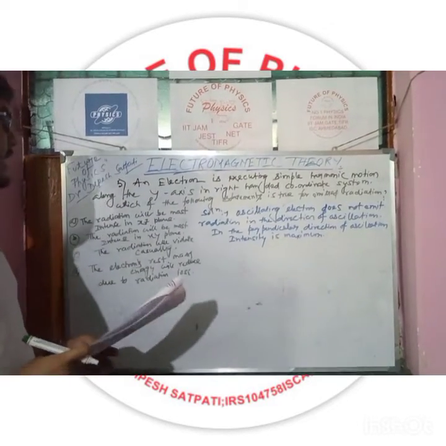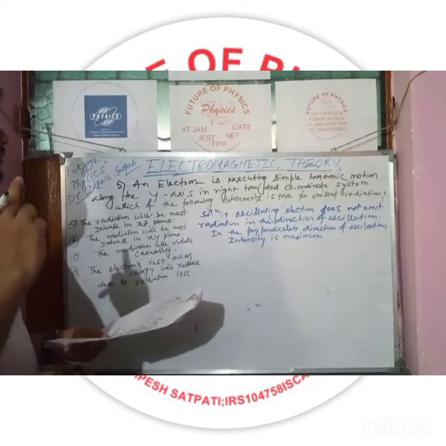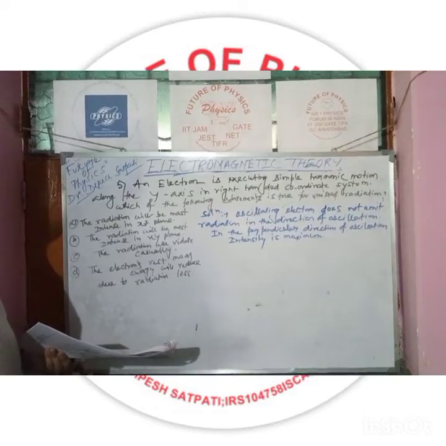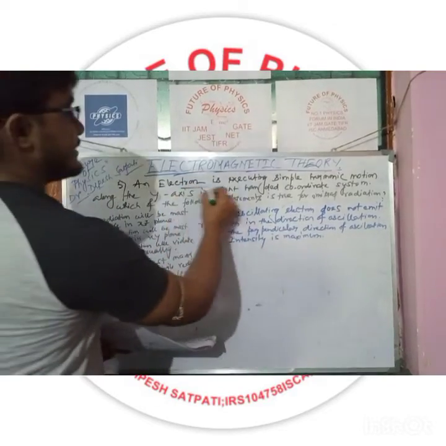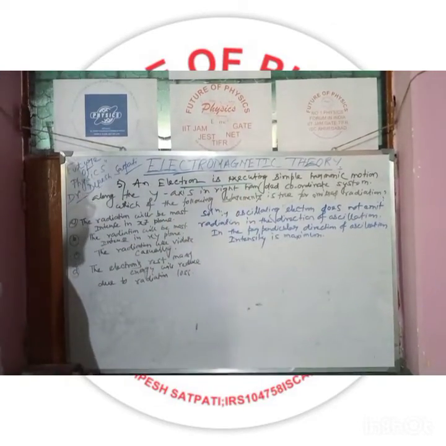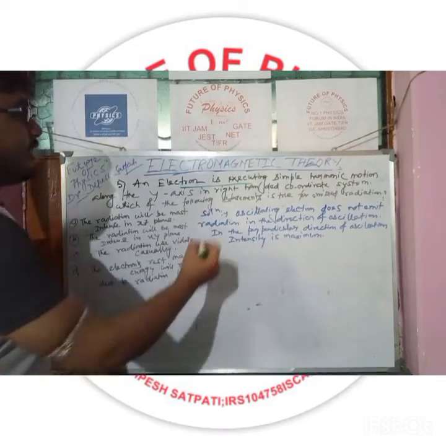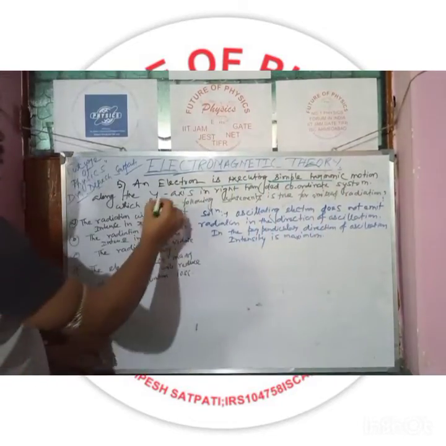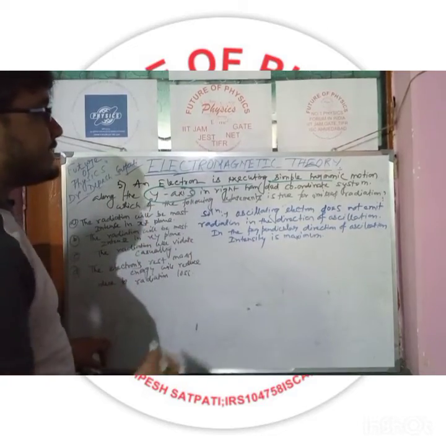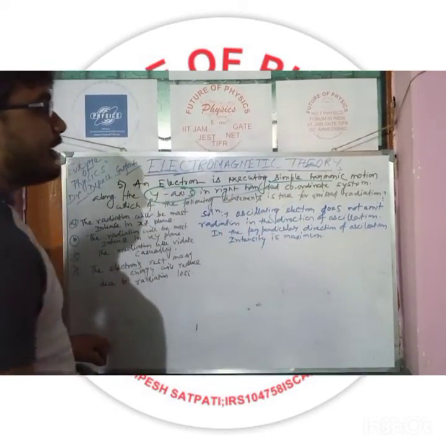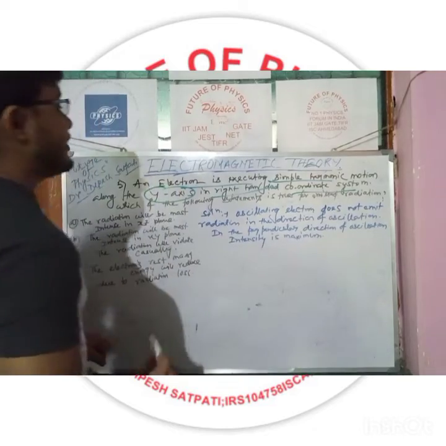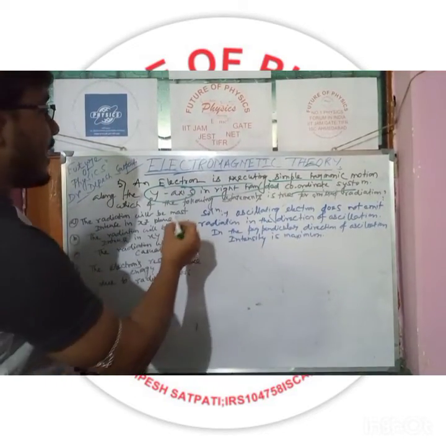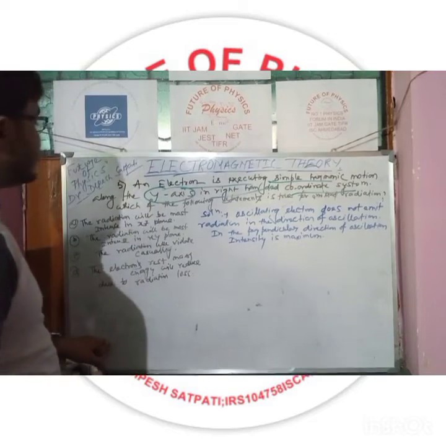Now students, the last of the 5 questions. An electron is executing simple harmonic motion along the y-axis in a right-handed coordinate system.